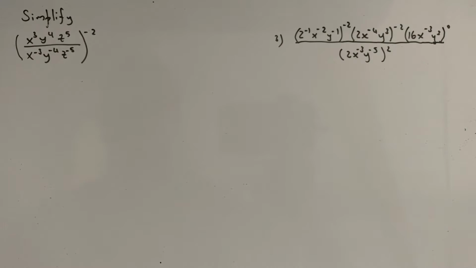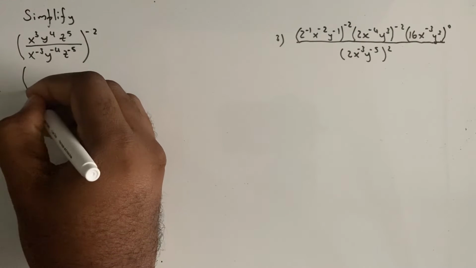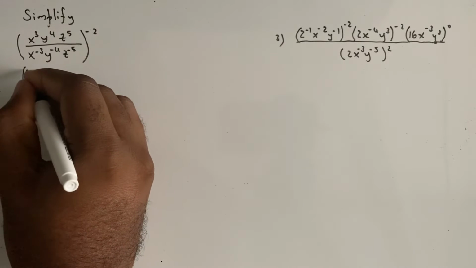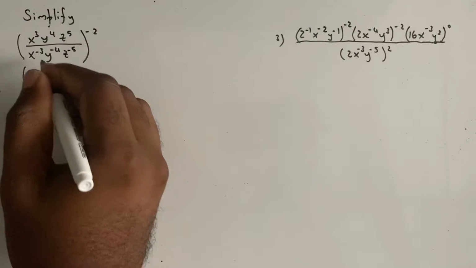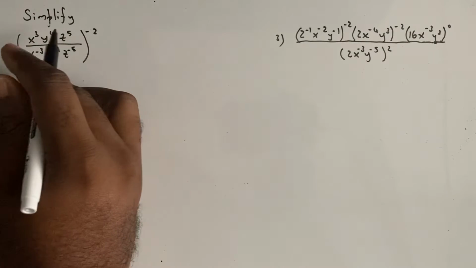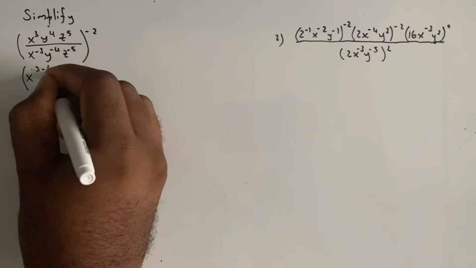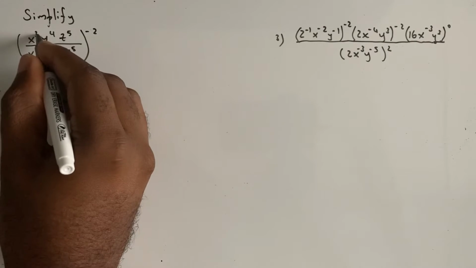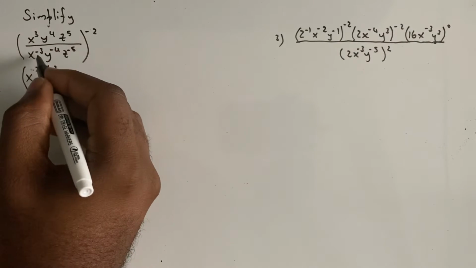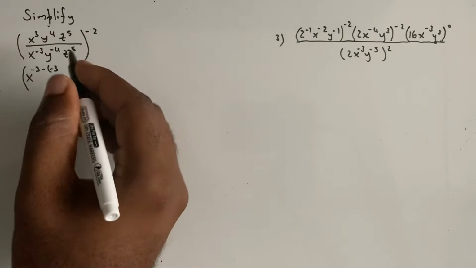First thing we can do here is what's inside the parenthesis first, or however you want to do it, but this is easier. So I'll do what's inside the parenthesis first. So I'll have x to the positive 3 minus a negative 3, because I'm subtracting the exponent on the bottom from the one on top.